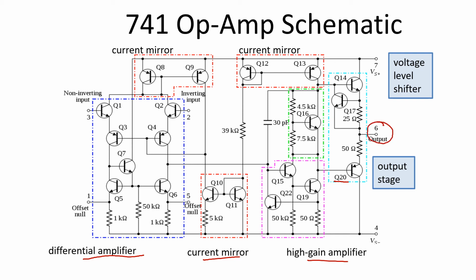If I try to find out where the pins are, this is the output pin. Then other important pins are the power supply pins, pin number 7 and 4, negative power supply. Then we have offset null, pin number 1, and similarly there is pin number 5. Yes, here it is.